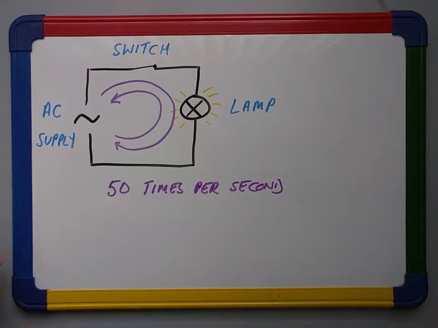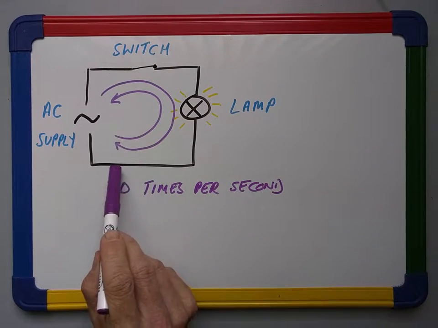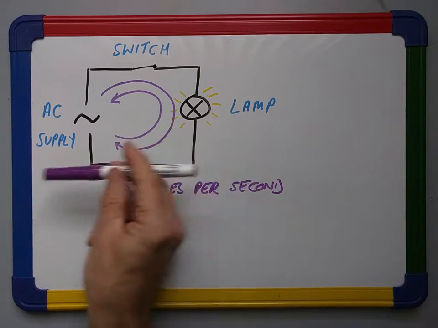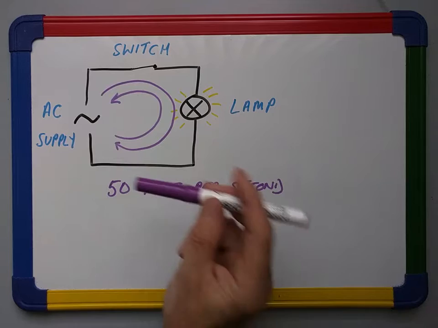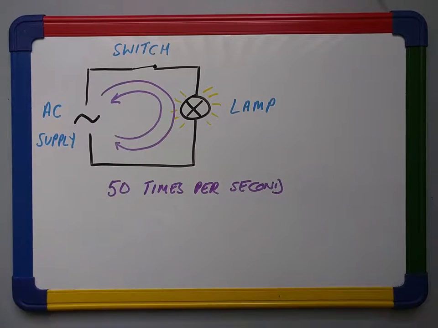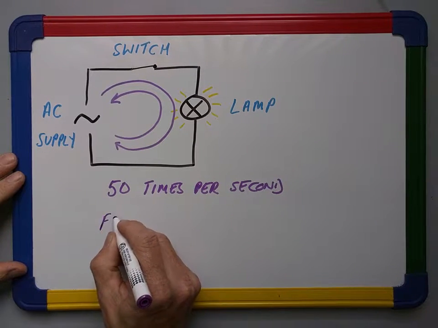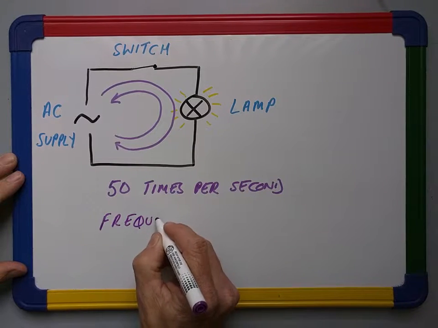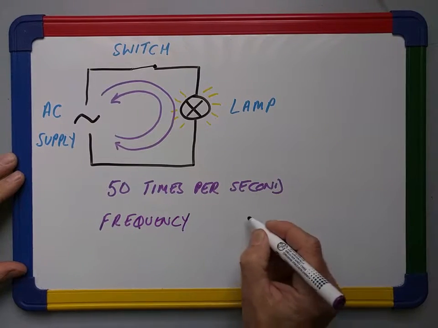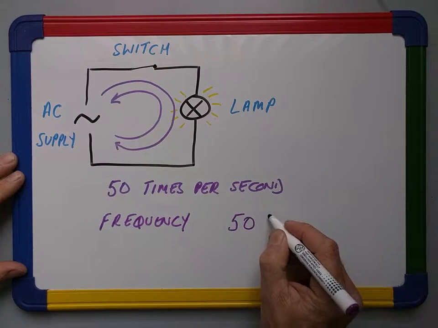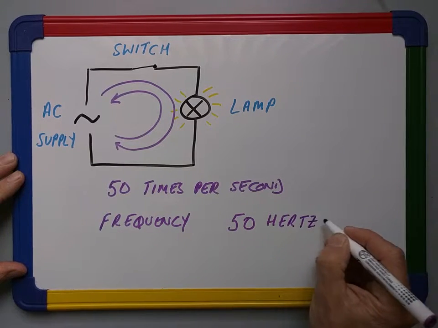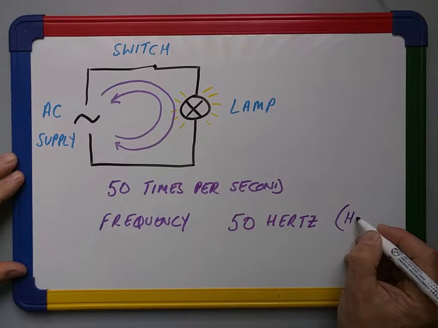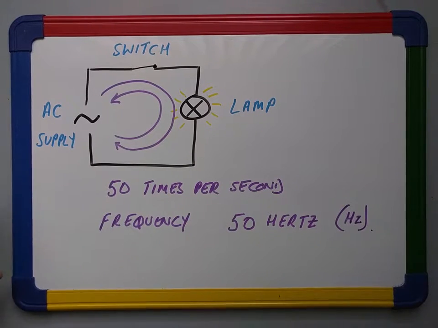So if this pen represented the current flowing in this wire, it would actually be doing this, back, forward, back, forward, back, forward, but much faster than I can move a pen, 50 times per second. And this is known as the frequency of the supply, and it's measured in a unit called hertz, which is usually shortened just to Hz. So this is a 50 hertz supply.